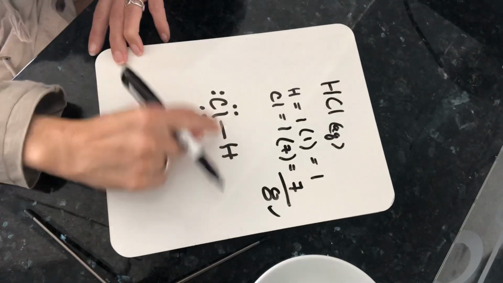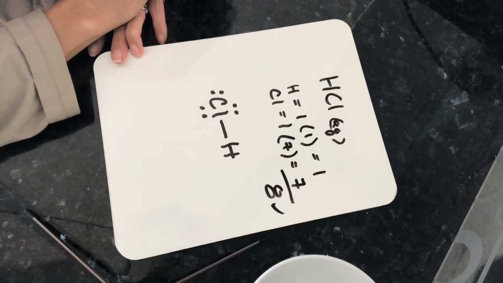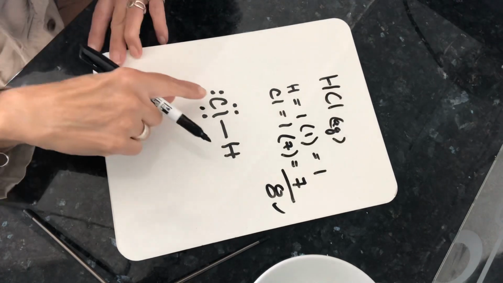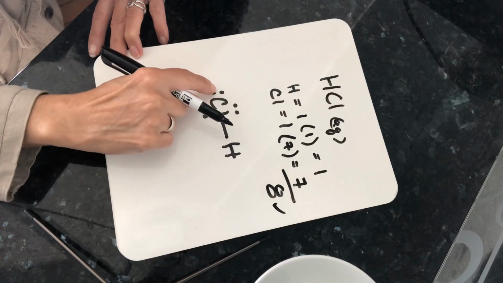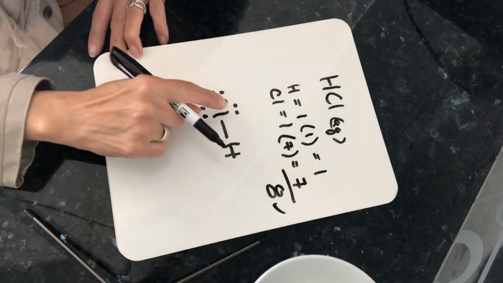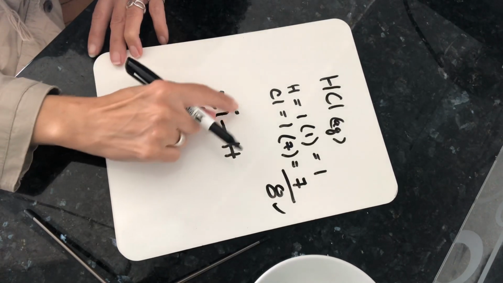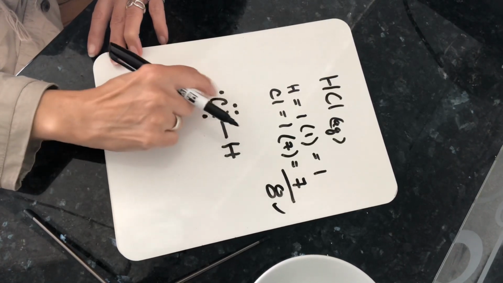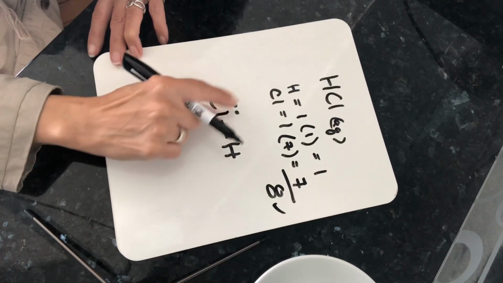But out of these two atoms, one of the atoms is keeping many of the electrons to itself and not sharing them with the other atom, and it's chlorine. You can see there are pairs around chlorine that are not being shared with the hydrogen. Since electrons have a negative charge, this area of the molecule is going to be highly negatively populated. It's going to have a very dense negative charge in this area.